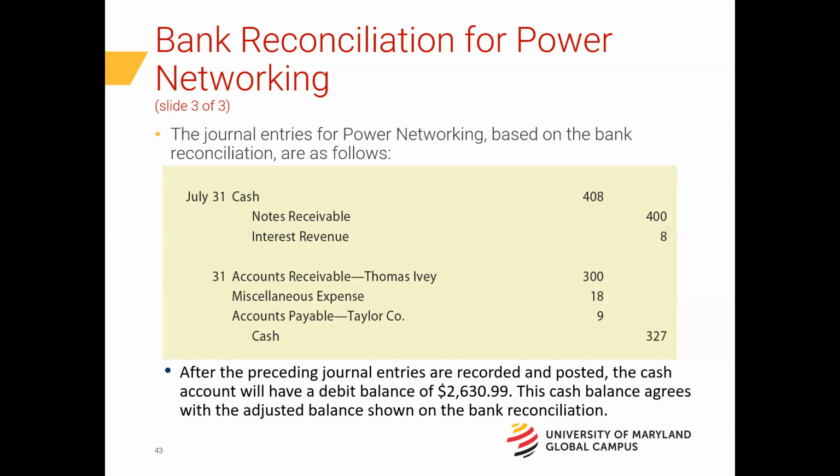So what do we do? Well, we debit accounts receivable for that fee for that customer. We debit a miscellaneous expense for whatever reason. I don't know what that one was. We debit accounts payable for a different customer for whatever reason. And we credit cash to represent the changes as a result of various fees from the bank that were on our bank statement.